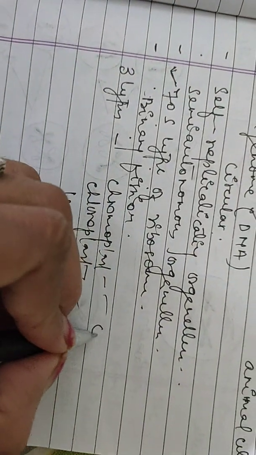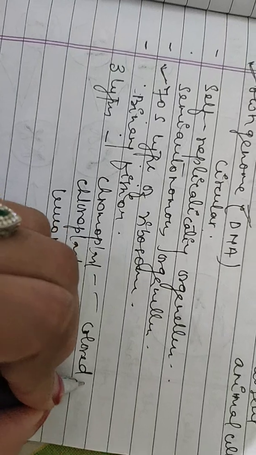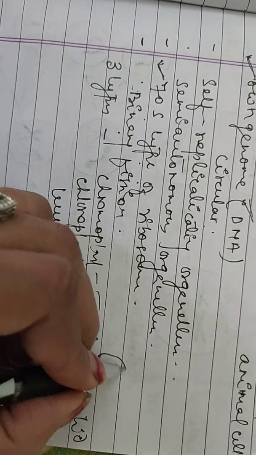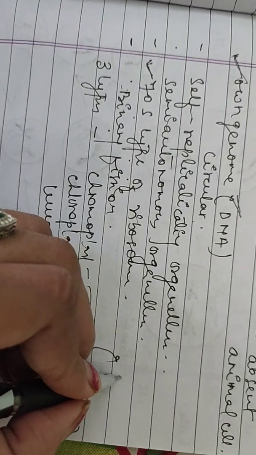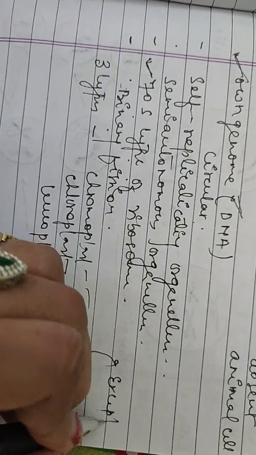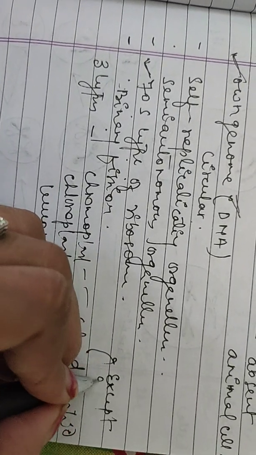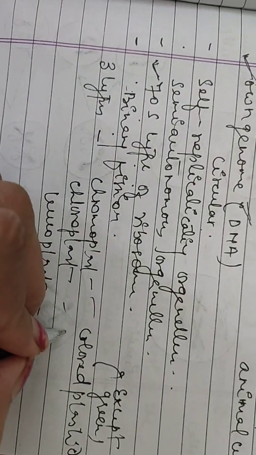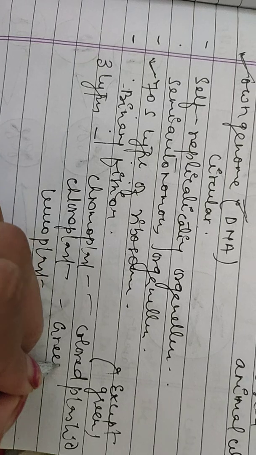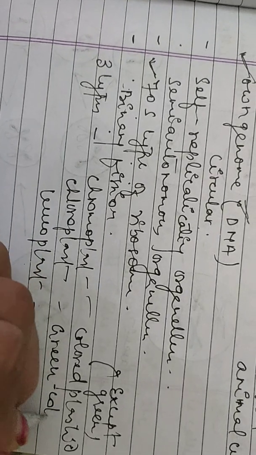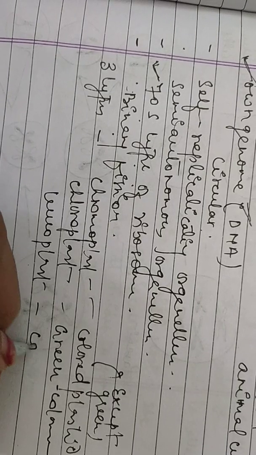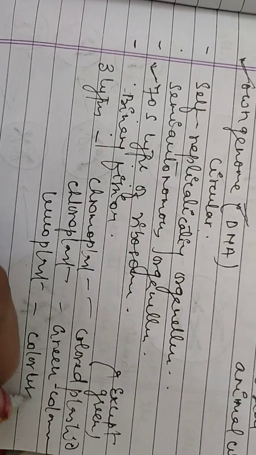Chromoplasts are known as colored plastids, and the color is all the colors except green. Chloroplasts are green colored plastids, and leucoplasts are colorless plastids.